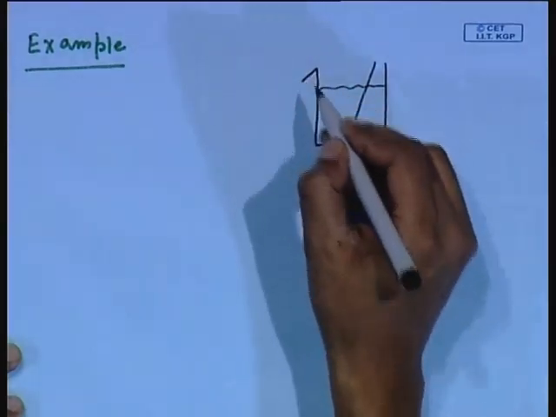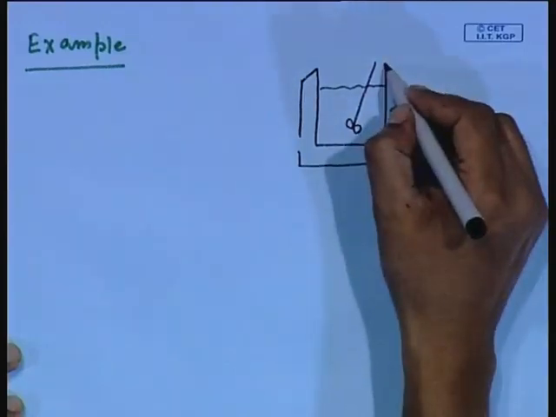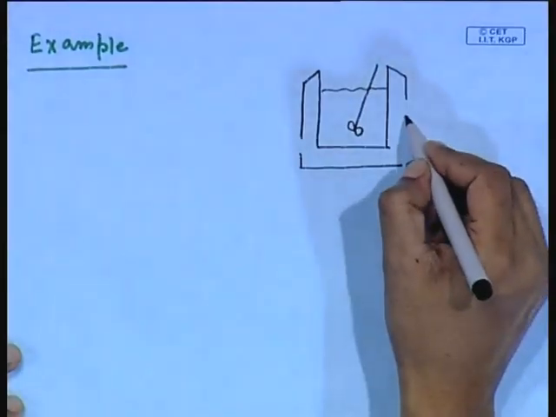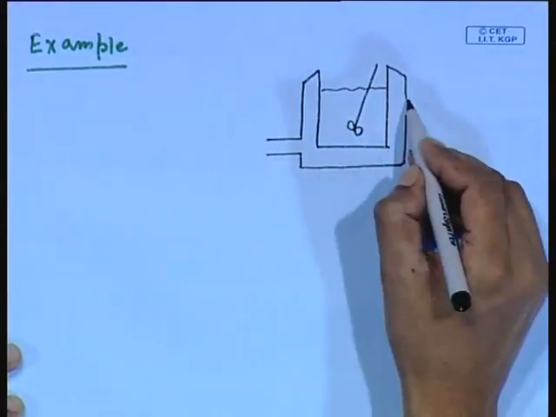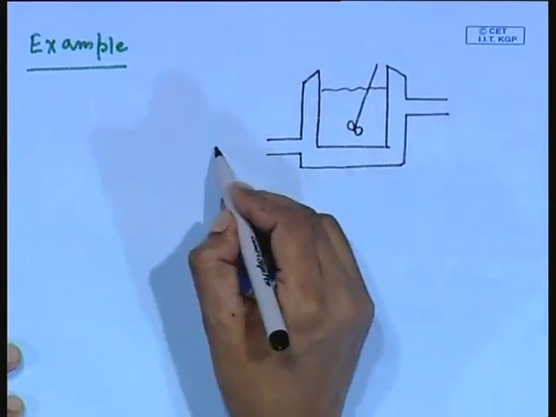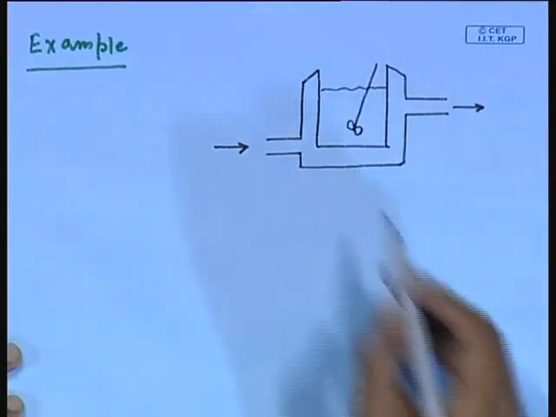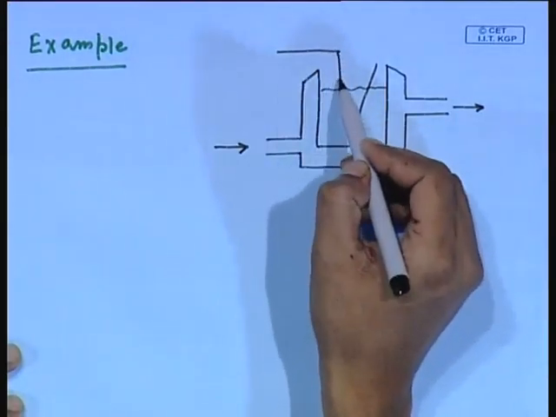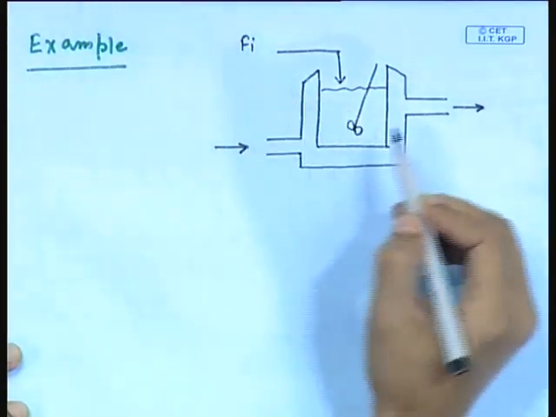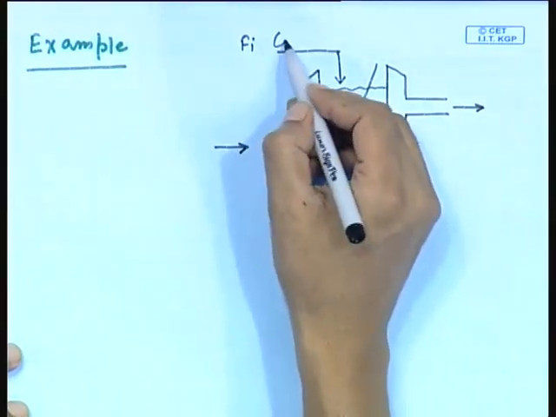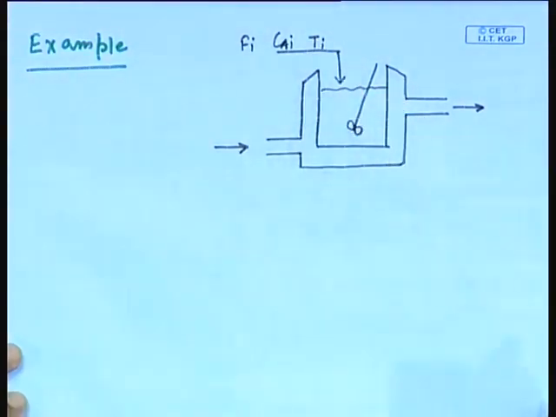This is a jacketed CSTR. The jacket fluid is entering here and it is coming out here. Feed is introduced with a flow rate of Fi, concentration of CAi and temperature of Ti.